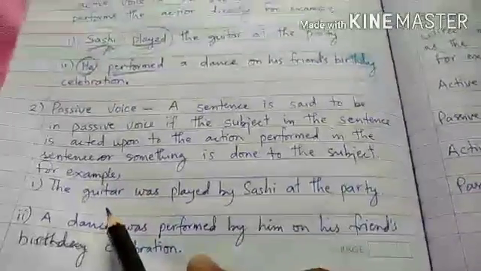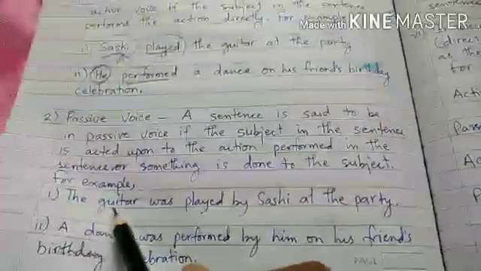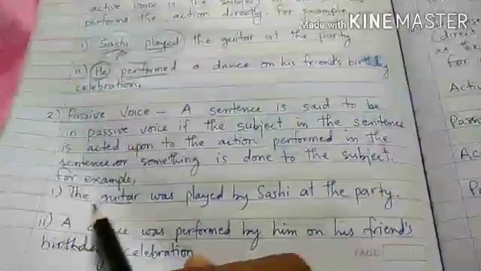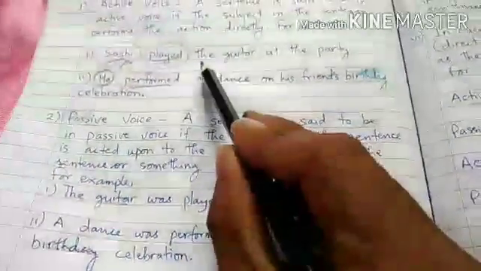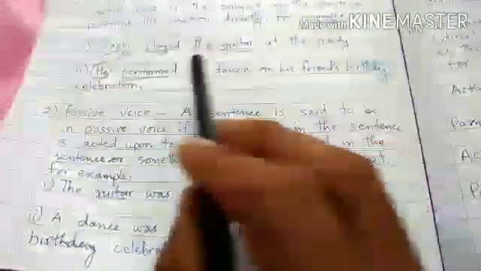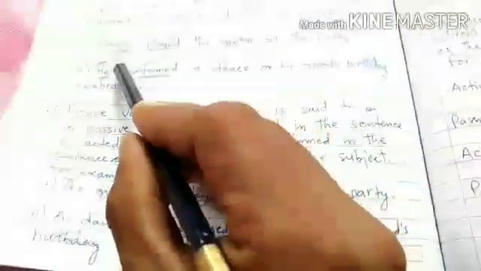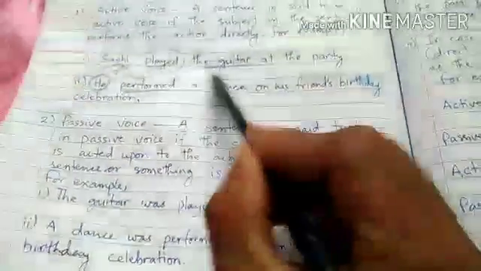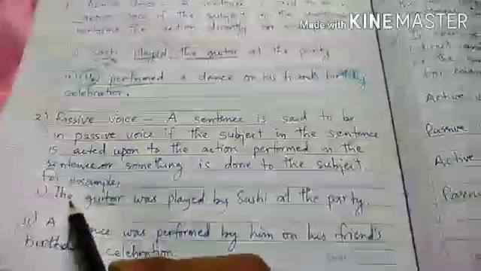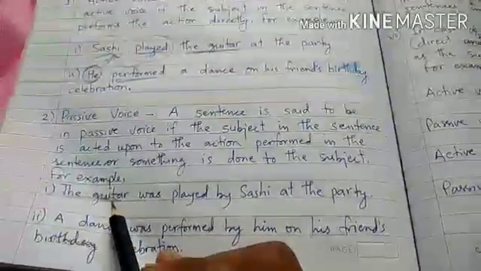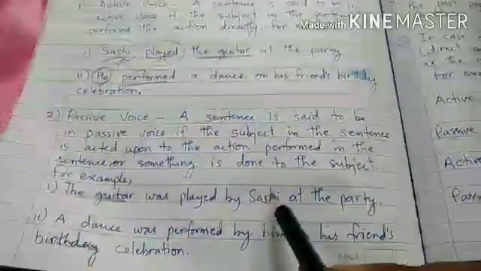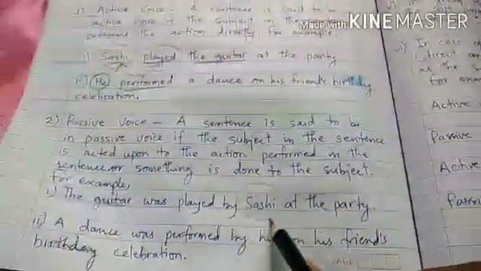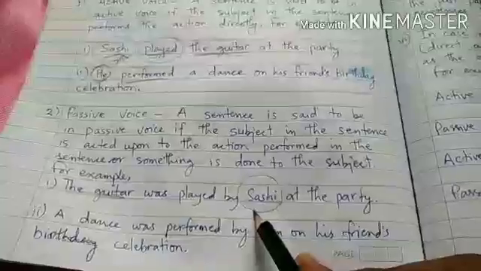So if you see here, the subject is the guitar, which is the object in the active sentence. She played the guitar. What did she play? The guitar. Sasi is the subject there, but the object is the guitar. Now this object is changed into subject in passive voice. The guitar was played by Sasi. Who is the performer of the action here? Sasi. But Sasi is used as an object here.